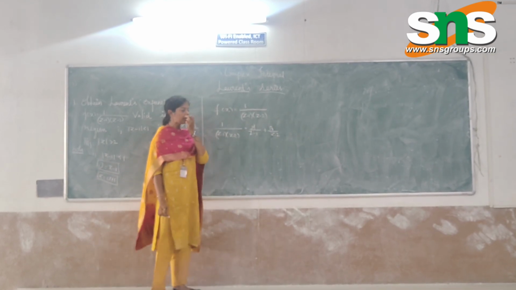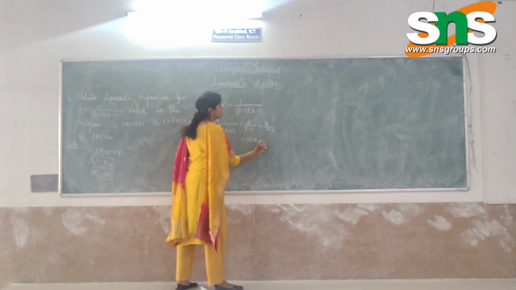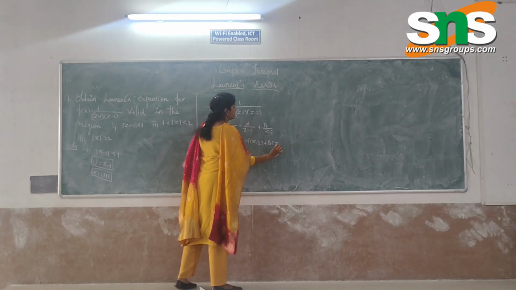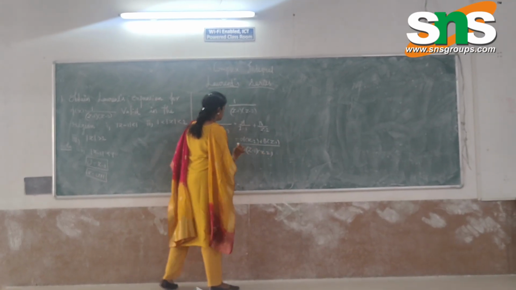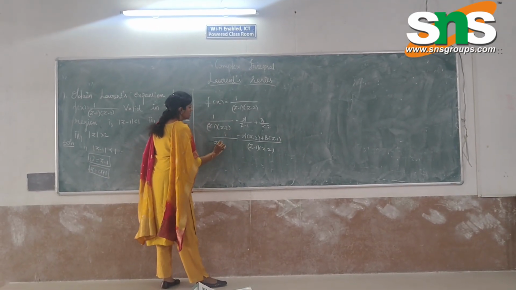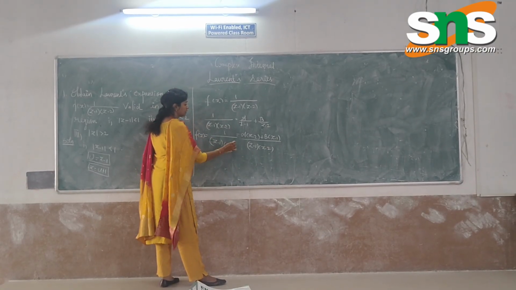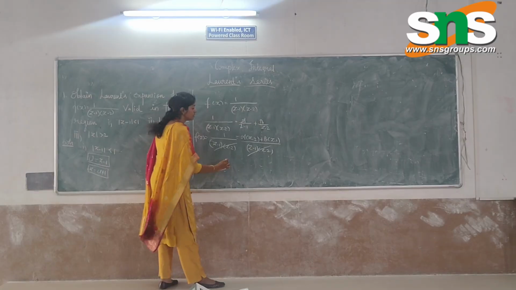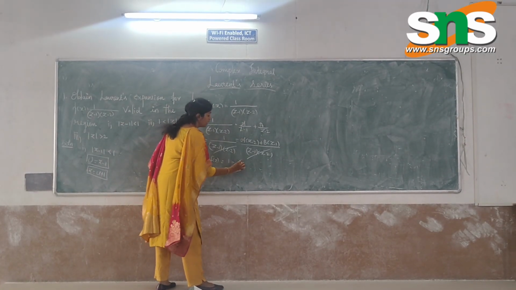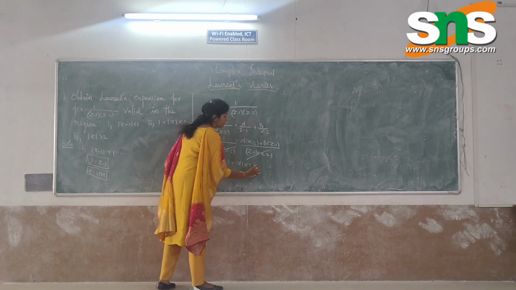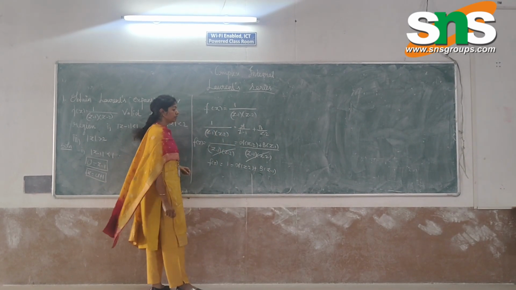Now we have to find our a and b values by cross multiplication: a into (z minus 2) plus b into (z minus 1) divided by (z minus 1) into (z minus 2). That is the function f of z, so the denominators cancel, and we can write 1 equal to a into (z minus 2) plus b into (z minus 1).